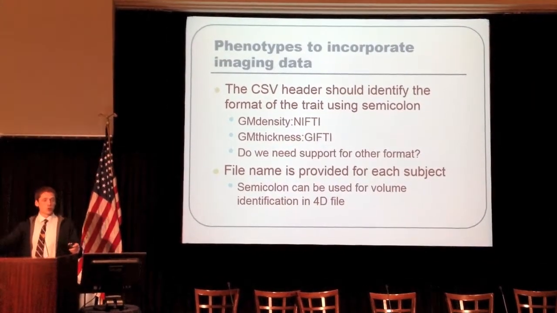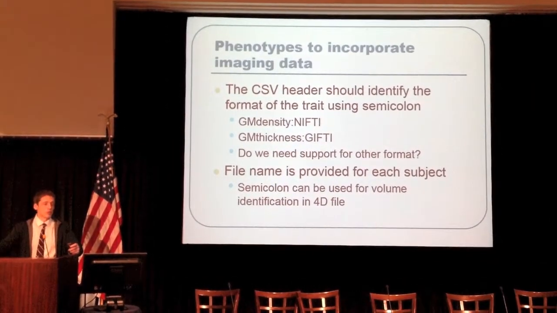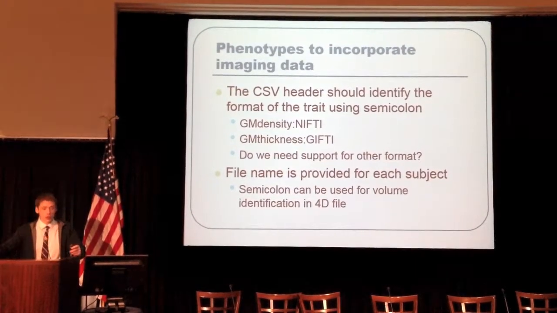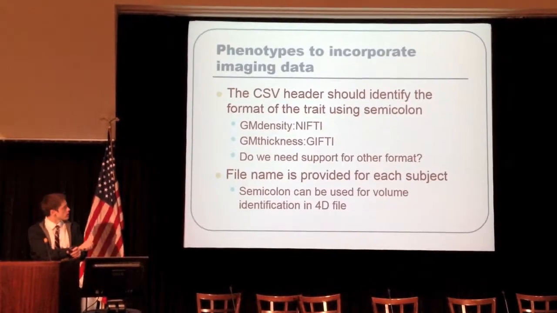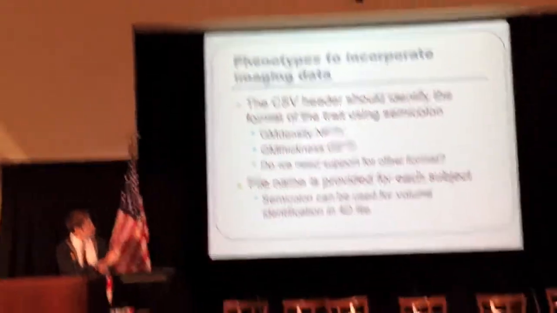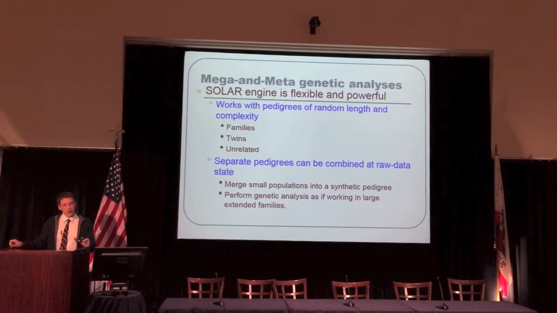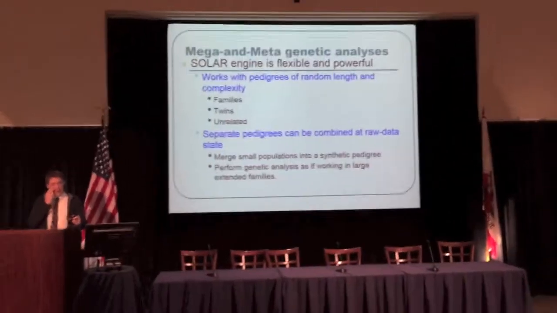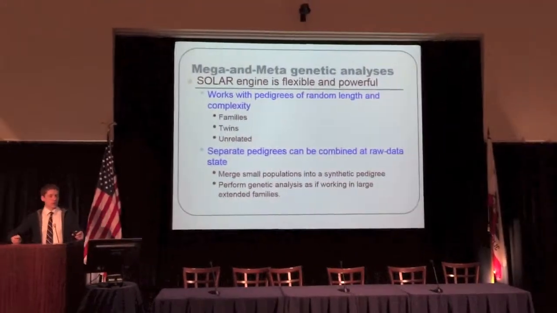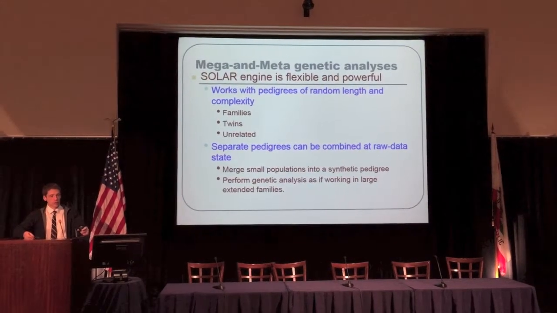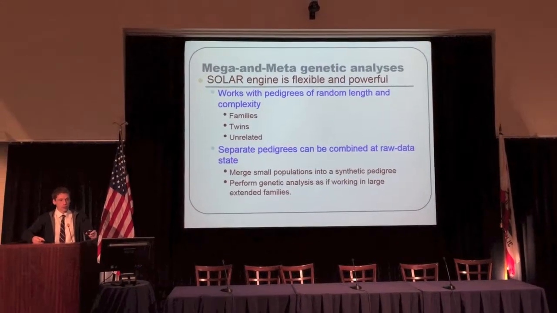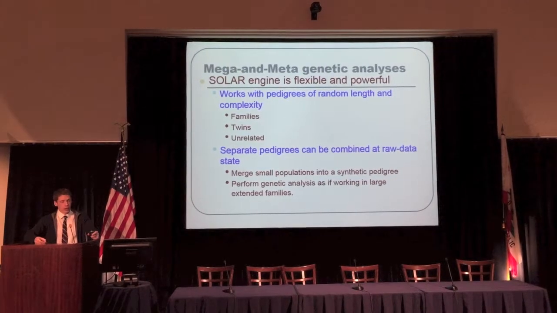In addition to just float numbers, phenotypes can incorporate imaging data. In this case, they need to be specified as such. What is unique to us, and I don't think anyone else really does it so well, is the mega and meta genetic analysis functionality. Because the Solar engine is so flexible and powerful, we can work with pedigrees of random length and complexity.